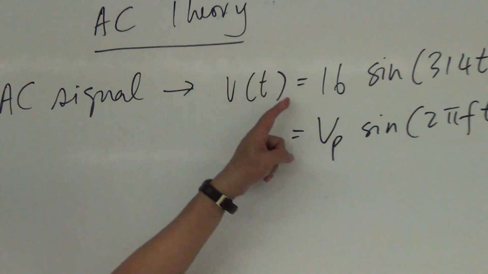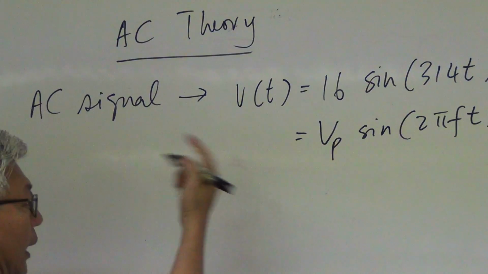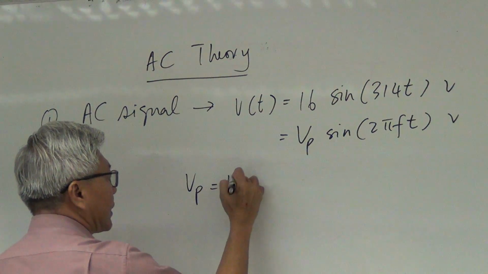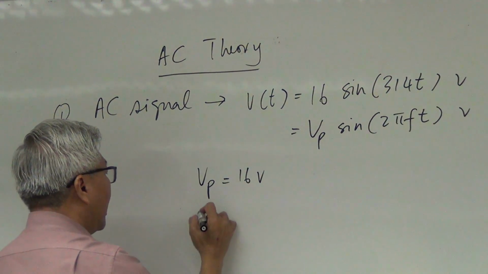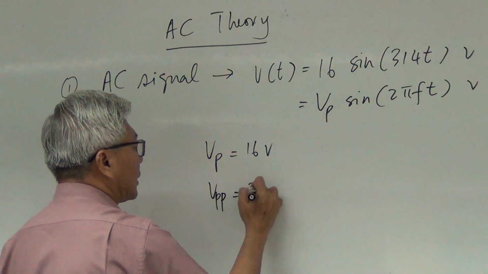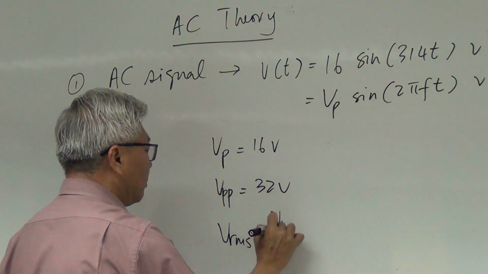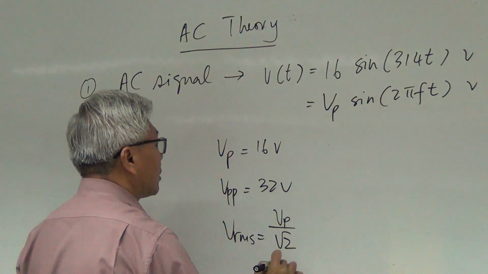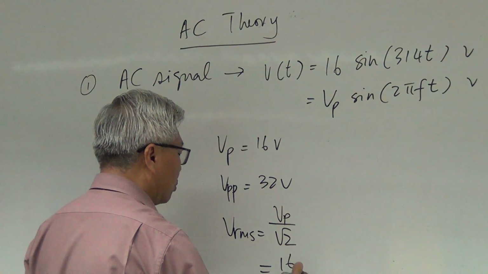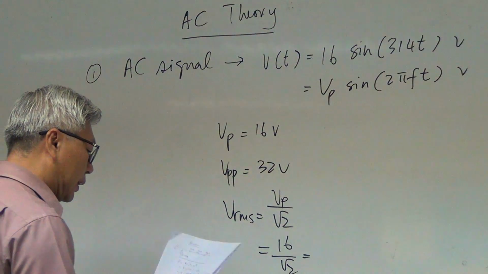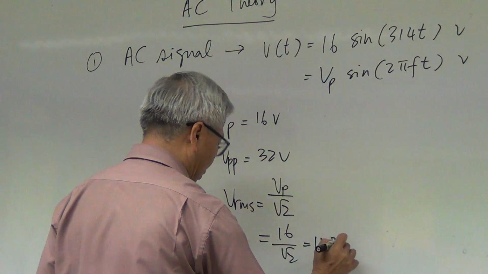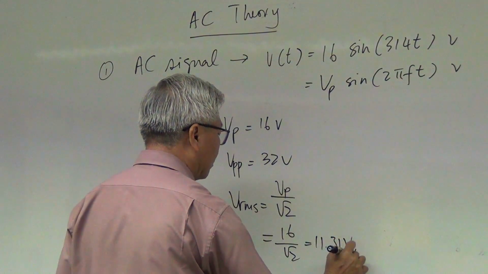From this mathematical expression, we know that this sine wave has a peak value of 16 volt. And peak to peak is double, so it's 32 volts. The VRMS formula is Vp divided by square root 2, so it's 16 divided by square root 2, and using our calculator, that is 11.31 volts.